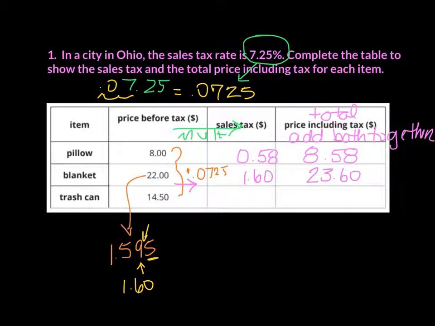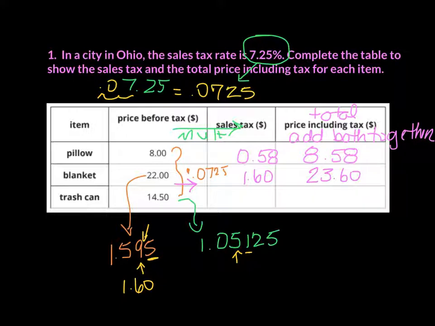Next one, we again carry on with our calculator. We're going to multiply 14.50 times 0.0725. And you actually get another number that has more decimal places than we want. We get 1.5125. Again, we know that it's money, so it has to end in this place.